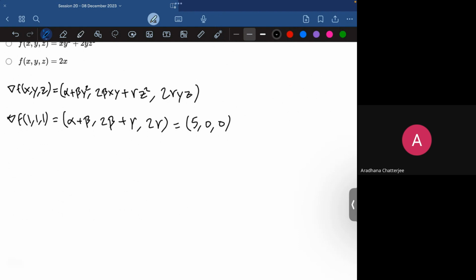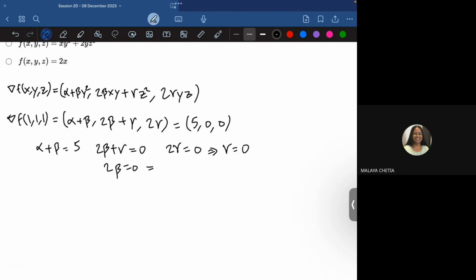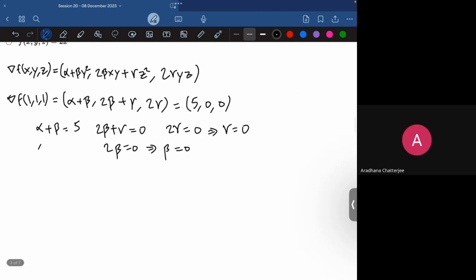So alpha plus beta is equal to 5, and 2 gamma is equal to 0, which means gamma is equal to 0. And here we have 2 beta plus gamma is equal to 0. That means, because gamma is equal to 0, 2 beta is equal to 0, which implies beta is equal to 0. So we just have alpha is equal to 5.